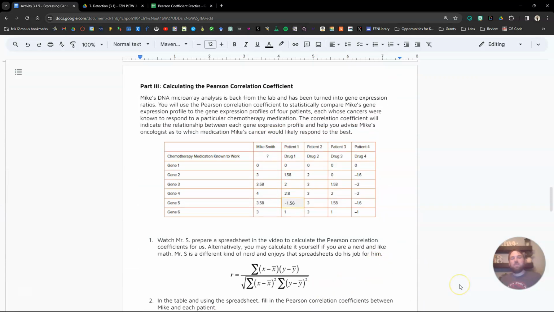So here is the moment where you get to decide how much of a nerd you are. I have 4 patients compared to Mike Smith right here, and each of them have their own gene expression ratios for each of the 6 genes that are being questioned for cancer.